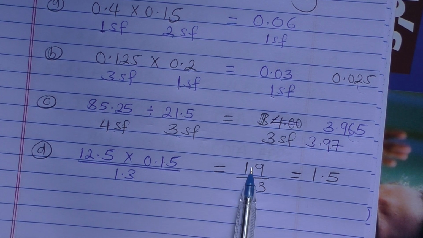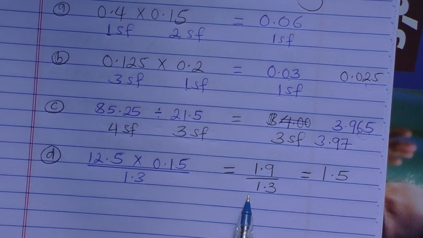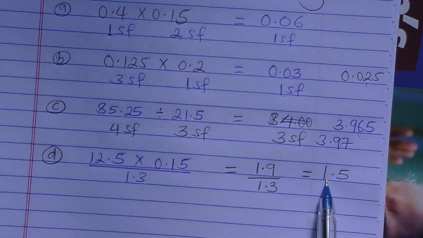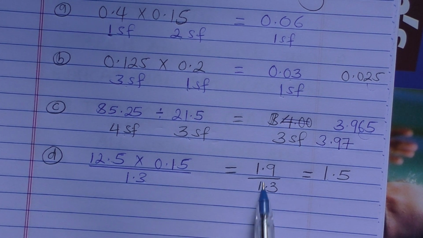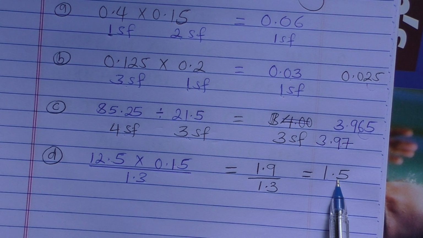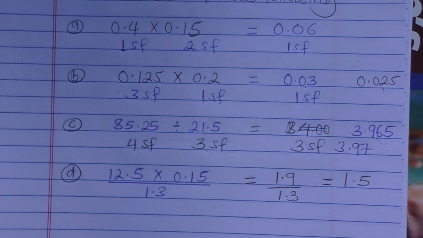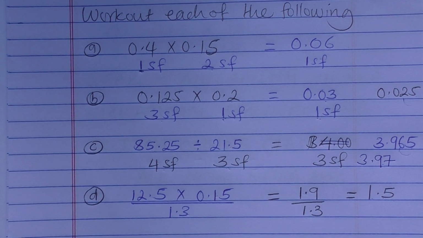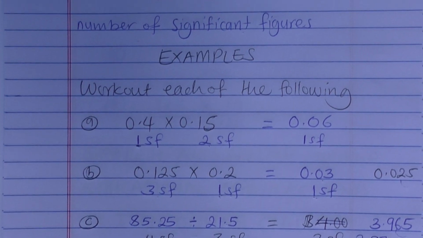So it is 2 significant figures divided by 2 significant figures. Our answer should also be to 2 significant figures, because the number of significant figures here are equal, so we maintain them. That's why we have 1.5. So that is how we apply significant figures in division and multiplication.